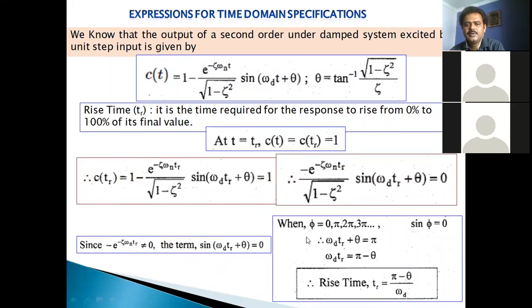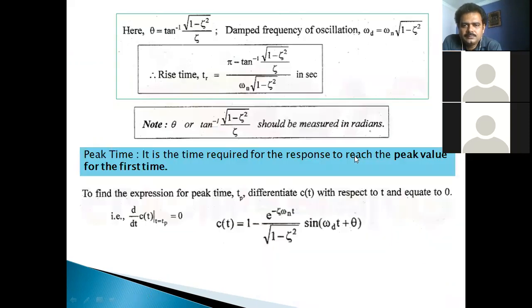Simply substitute that one, and we will get the complete formula for rise time. So these formulas are very important. TR is equal to pi minus theta by omega d. If we substitute omega d and theta, finally the rise time can be expressed in terms of seconds.